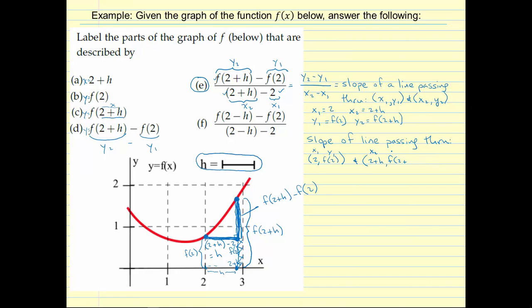That's our x2, y2. And so here is our x1, y1 right here. And this is our x2, y2. And if we connect those two, we'll get a line. And the slope equals what we have in part E. So this is the basic solution process for this particular example.